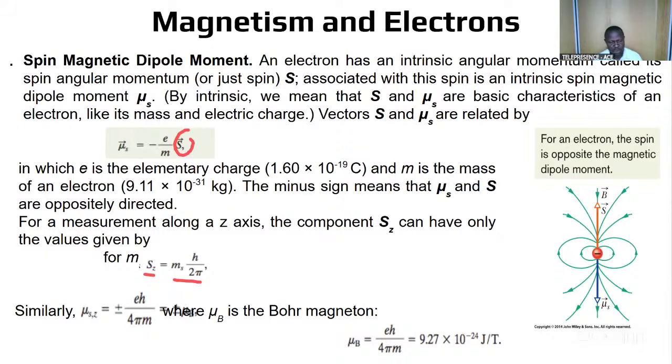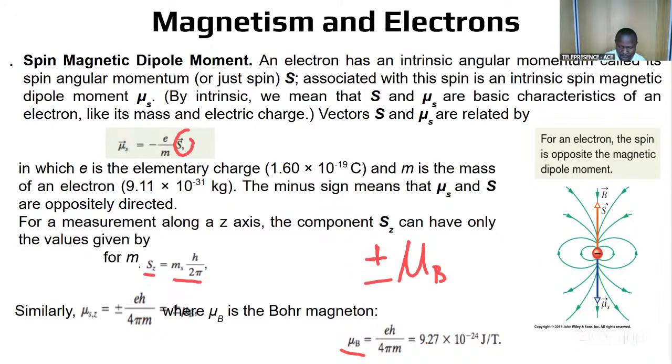So mu is equal to plus or minus this. Okay, plus or minus mu B, where this is the Bohr magneton and the Bohr magneton is this. e is the elementary charge.